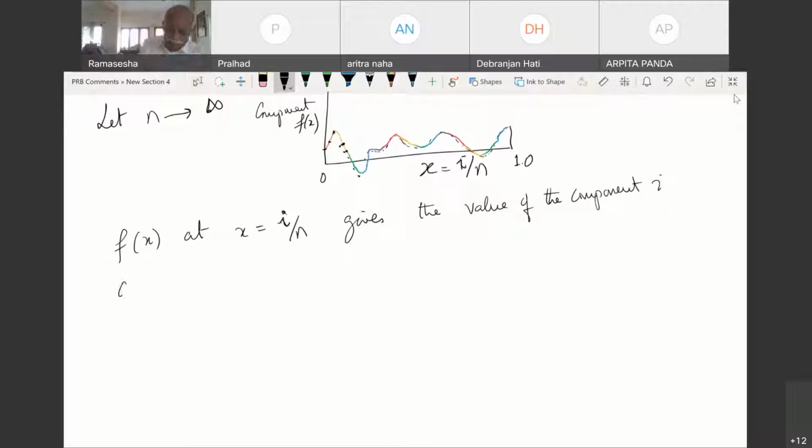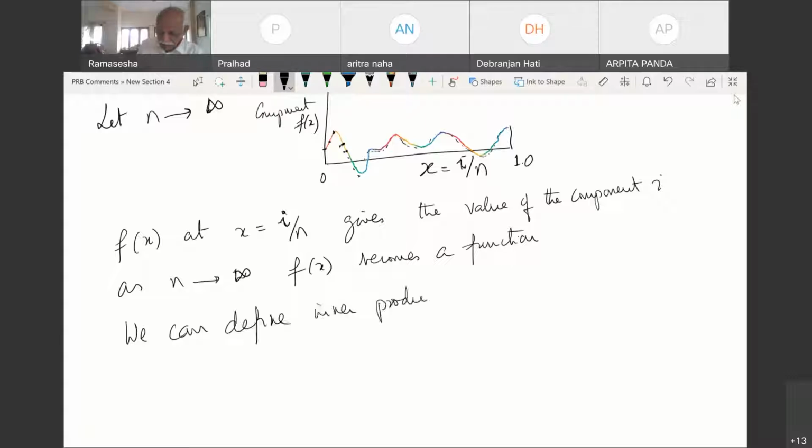Okay, so now you see that functions actually represent in some sense an infinite dimensional vector space. And then we can define the product involving functions.